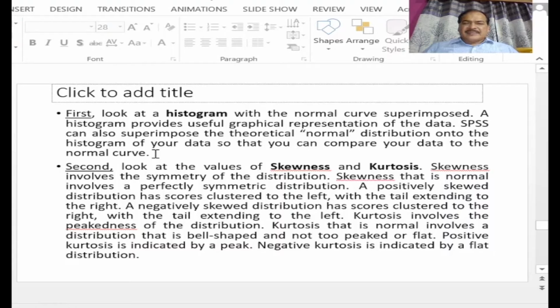Any deviation from the normal distribution of data is a cause for concern for any researcher or statistician, because any deviation basically requires us either to transform the data or to go for an alternate type of statistics.